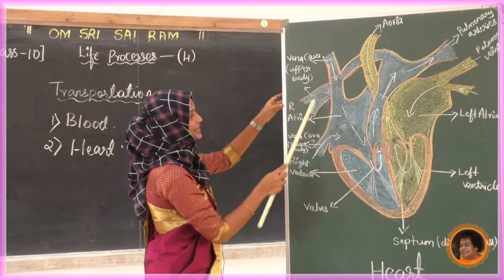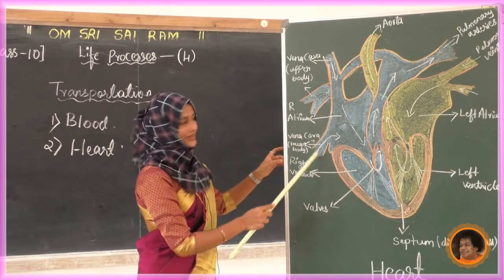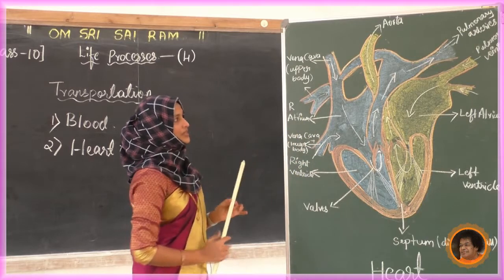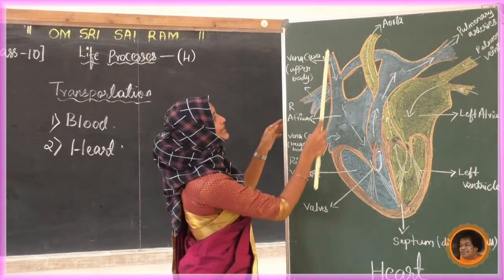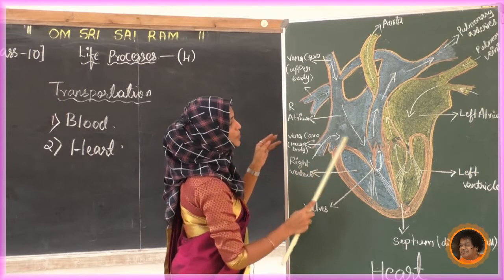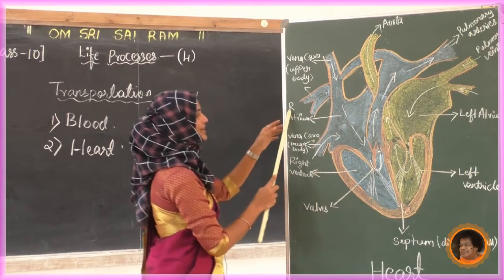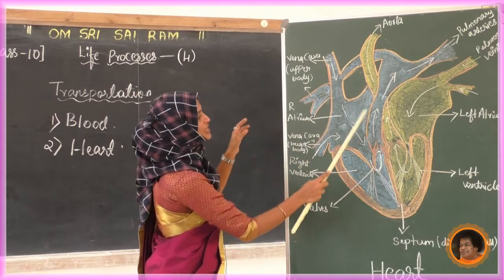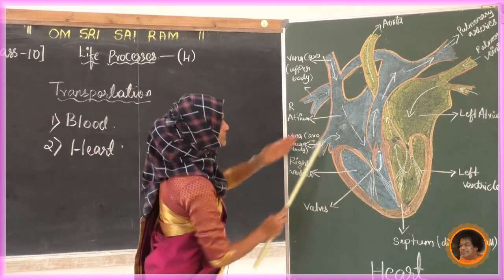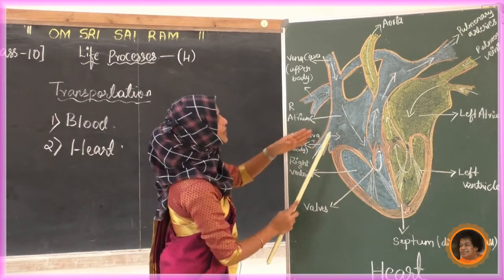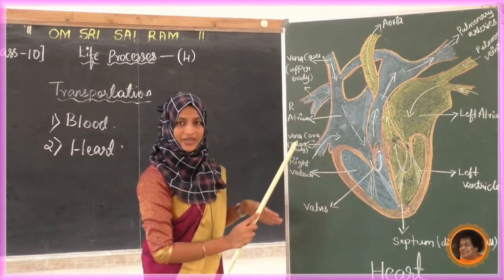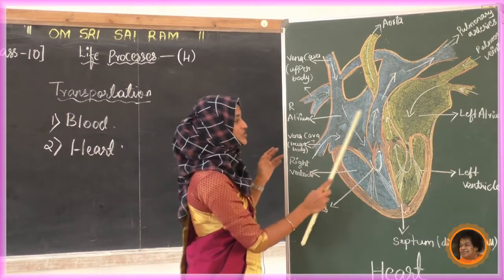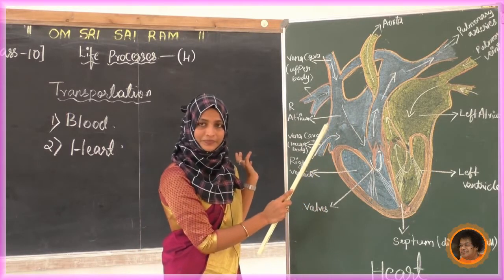I have colored these pipes blue. This vena cava leads up to this position, which is called the right atrium. This is the lower body and this is the upper body, and they reach the right atrium.